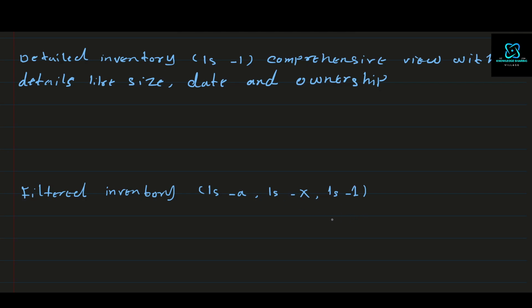Again, we will talk about each of them in the second section, about using the ls command with different options. Here you can do a custom inventory, custom views to include, for example, hidden items, which you can do by using this one.